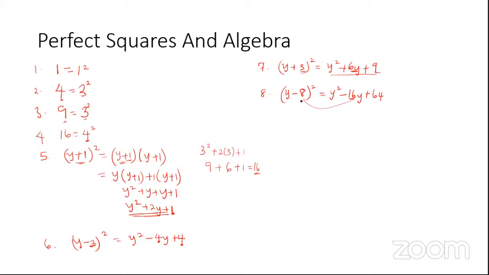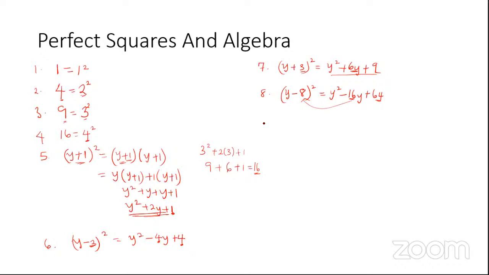Now square that minus 8, you have 64. So that is what we want to get from this. That principle will assist us in applying the perfect square in solving quadratic equations.